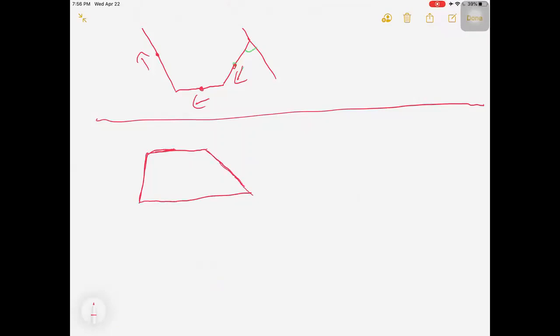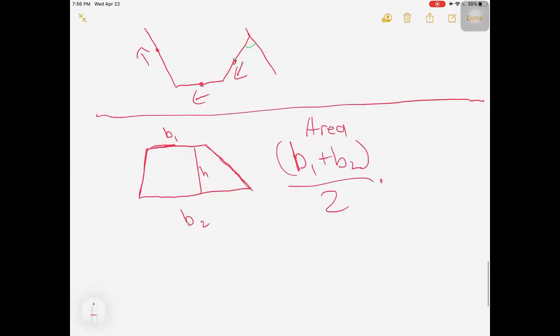The area of any trapezoid, which has two bases b1 and b2 and a height of h, is equal to b1 plus b2 divided by 2, the average of the two bases, multiplied by h.